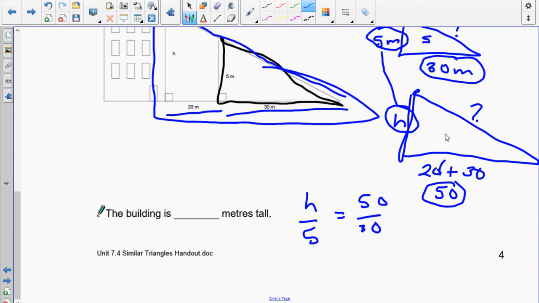Now remember, I'm doing the large over the small. So now I have to multiply h over 5 by 5 to get rid of the 5 on the bottom. That means over here I have 50 over 30 times 5. The two 5s on the left-hand side cancel out, and that leaves me with just h.